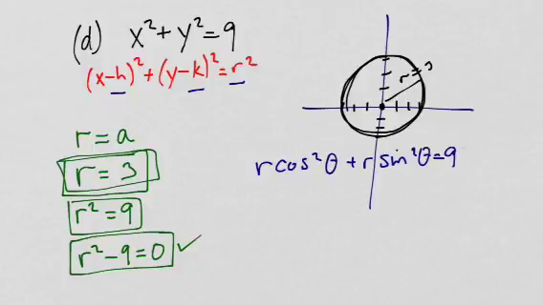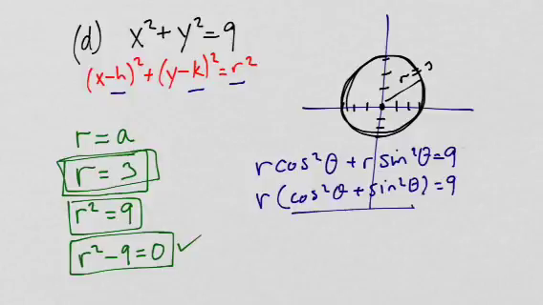Now this one is deceptive. It actually could be right, except that it was r, not r squared. Because if we factor out r, we're left with cosine squared theta plus sine squared theta, which is just 1. So 1 times r equals 9. Well, no, that's not true. It's r squared equals 9, not r equals 9. And so that's why this one's wrong.